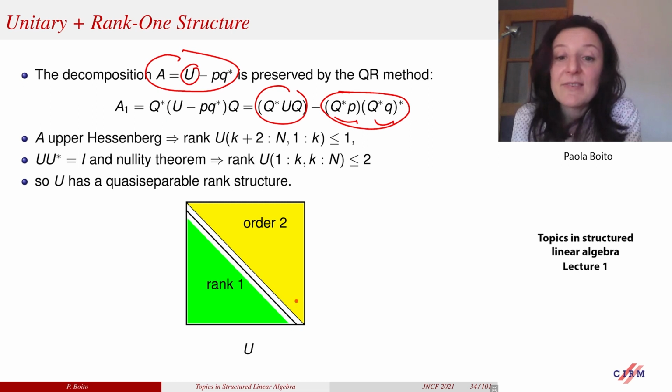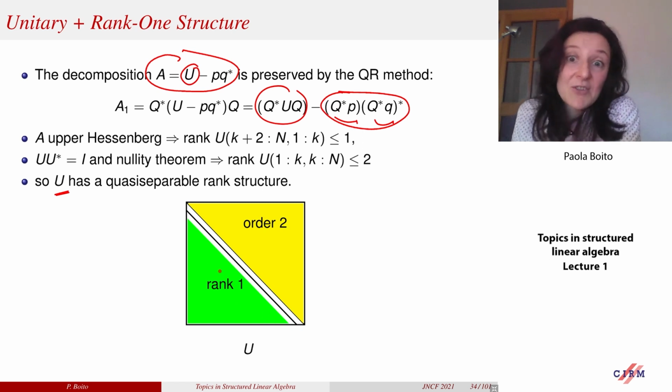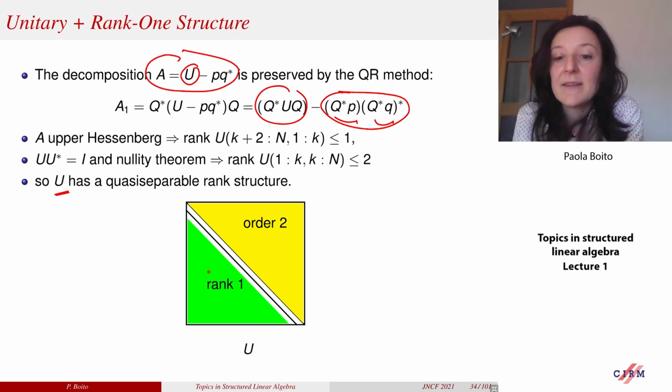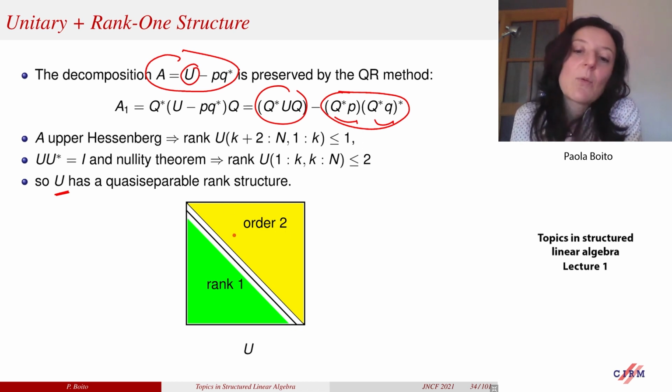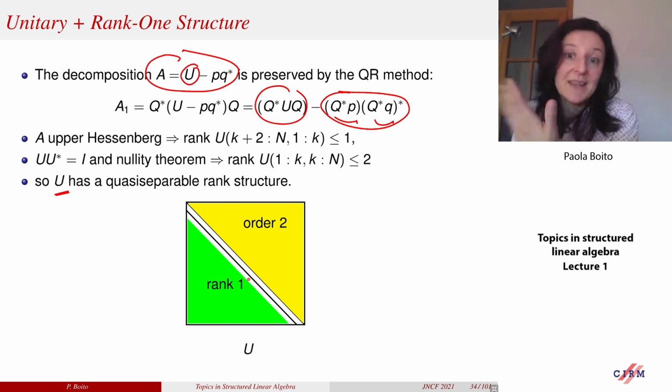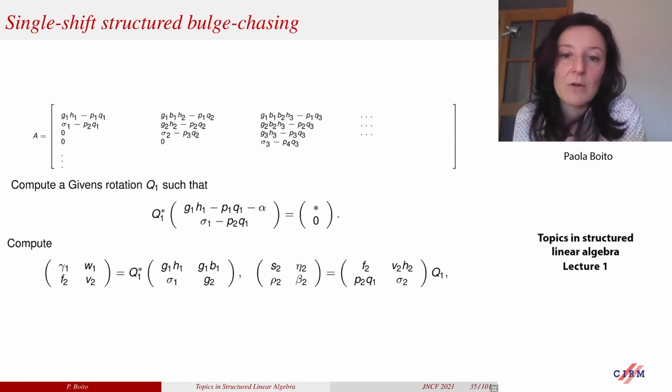Then we get a quasi-separable rank structure for the U factor that has rank 1 in the lower triangular part, starting from the second subdiagonal, the green part here, and we have quasi-separability order 2 in the upper triangular part. And so we can use a quasi-separable representation of this kind. I hope it's easy to see.